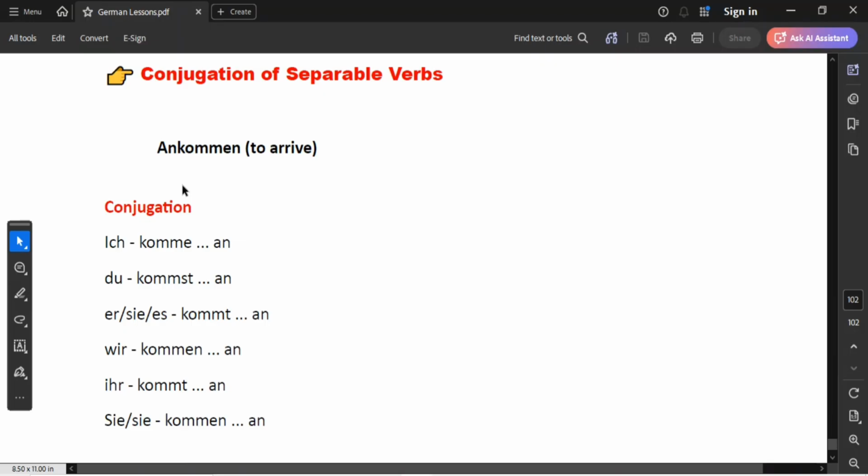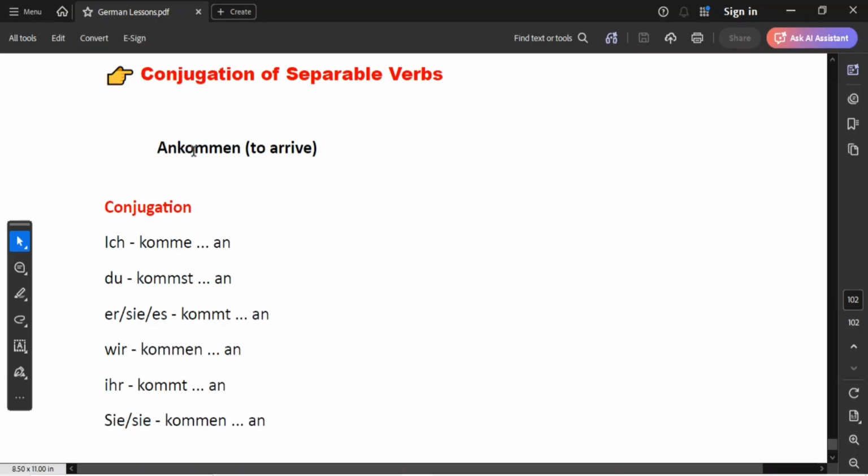So that's the only thing that we are going to add to the other conjugation we did before. Remember, ankommen is made up of a prefix and a main verb. The prefix here is an, and kommen is the main verb. We won't conjugate an. An goes am Ende.